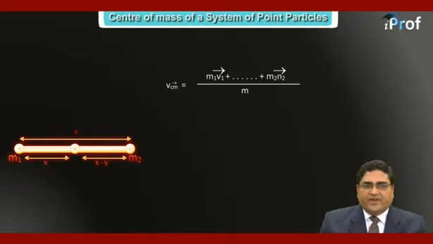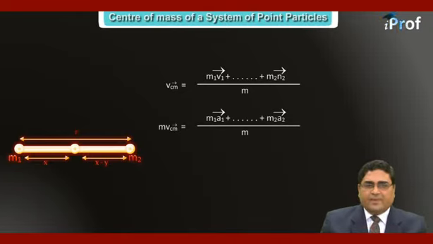Once again, if we differentiate the equation of velocity of the center of mass, we get the acceleration of the center of mass as M1 A1 vector plus M2 A2 vector plus dot dot Mn An vector divided by total M. So the acceleration of the center of mass can be written as summation Mi Ai ranging from i equal to 1 to n divided by summation Mi ranging from i equal to 1 to n.